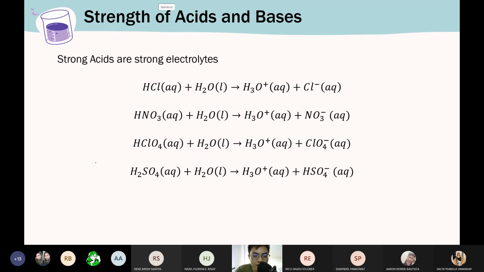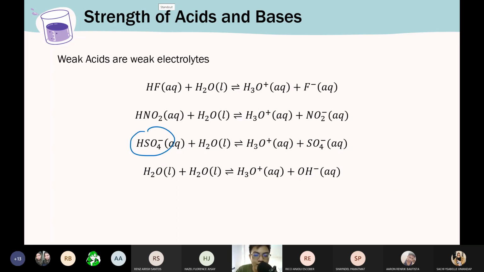By the way, let me just reiterate this, because we need to remember it. For sulfuric acid, the first dissociation is the strong one. When I say first dissociation, the first H that is removed, that is the strong one. But this can further dissociate.